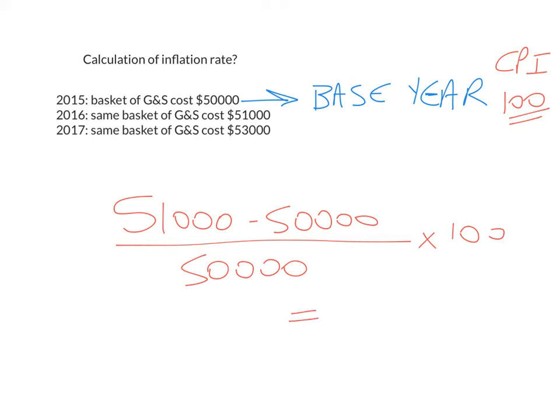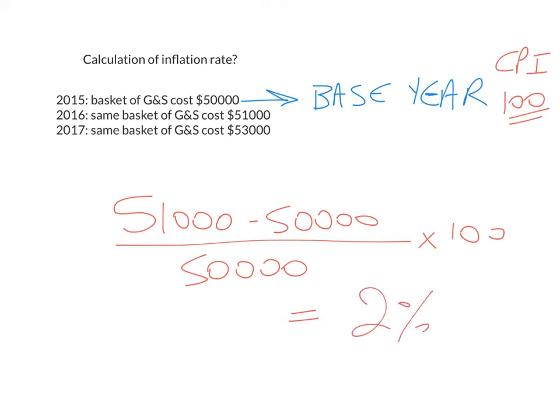Now, I'm not going to risk it, I'm actually going to do it on a calculator here. So 51,000 minus 50,000, divided by 50,000, times 100, that gives you 2%.